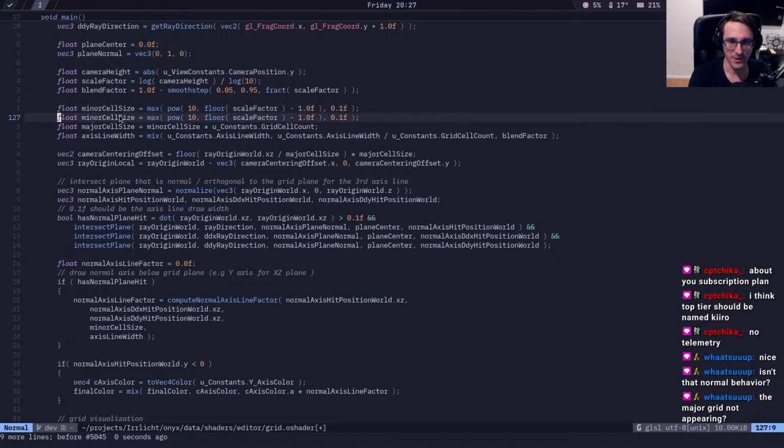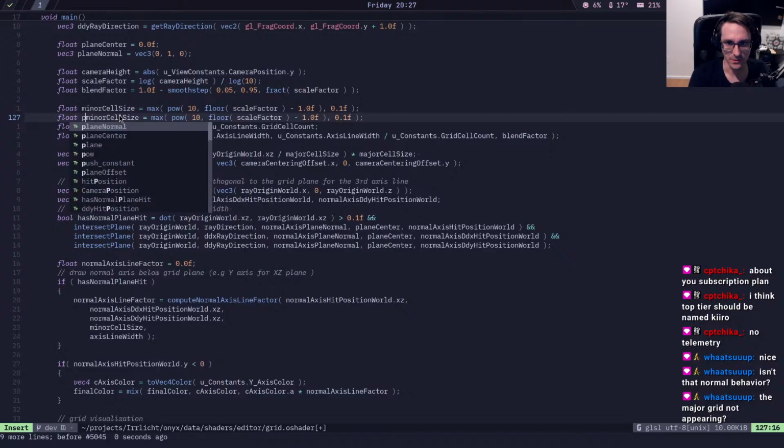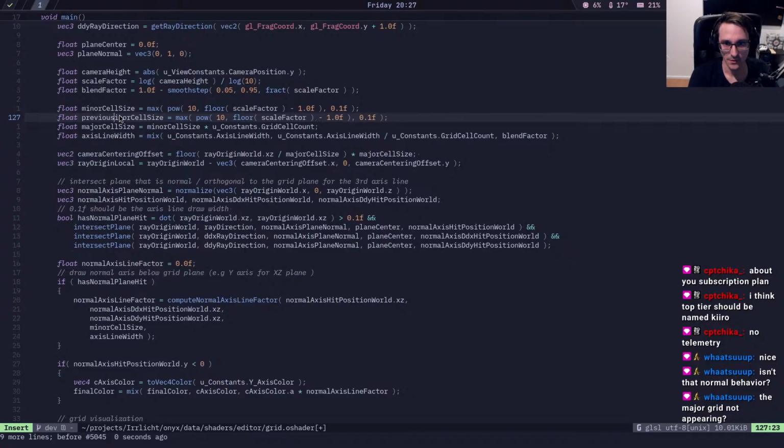So basically what I would do is previous minor size, which is basically the same here, but we do minor size divided by U constants grid count.